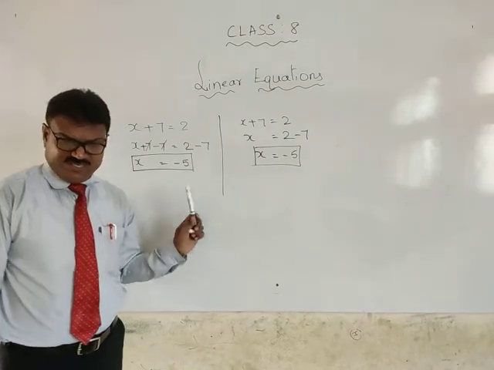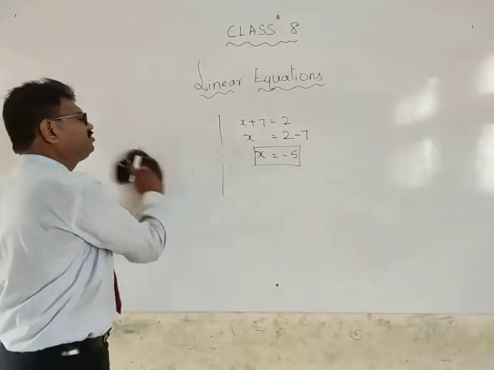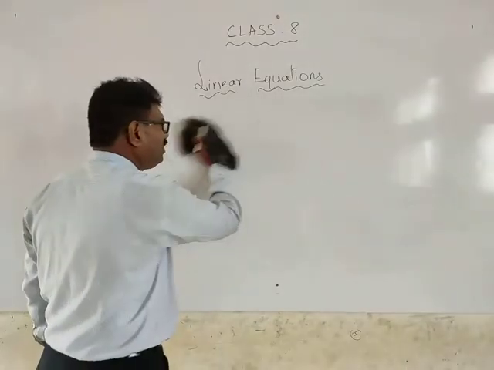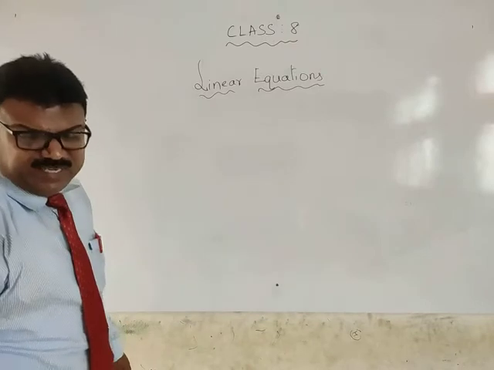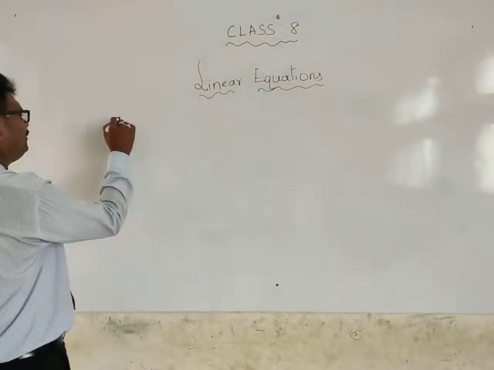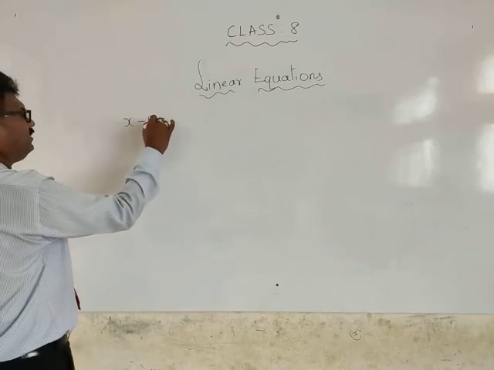Did you understand? So, this is one example. I'll show 2 to 3 examples, then you will understand how to solve a linear equation. I told you that finding the unknown value is nothing but linear equations. Now one more question: x minus 5 is equal to 2.